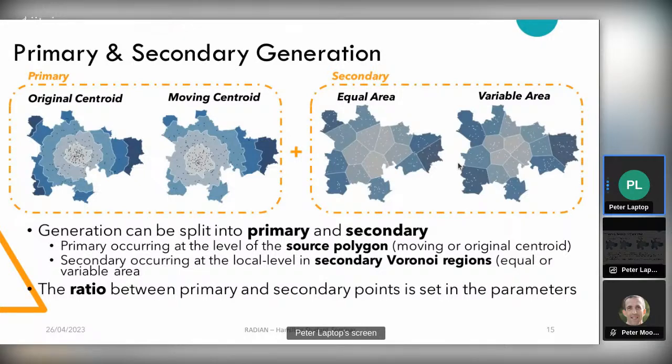So this allows us to get a more varied distribution, because naturally, if you have an area like Glasgow or London where it's split up into specific districts or wards, you're obviously going to get some kind of spatial patterns appearing at that district level, as well as the macro, overall level. So this lets us mimic some of those behaviors in the outputted data set.